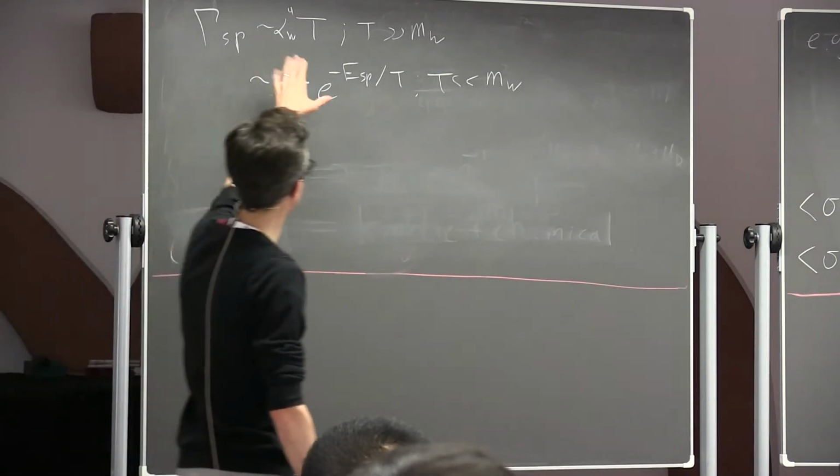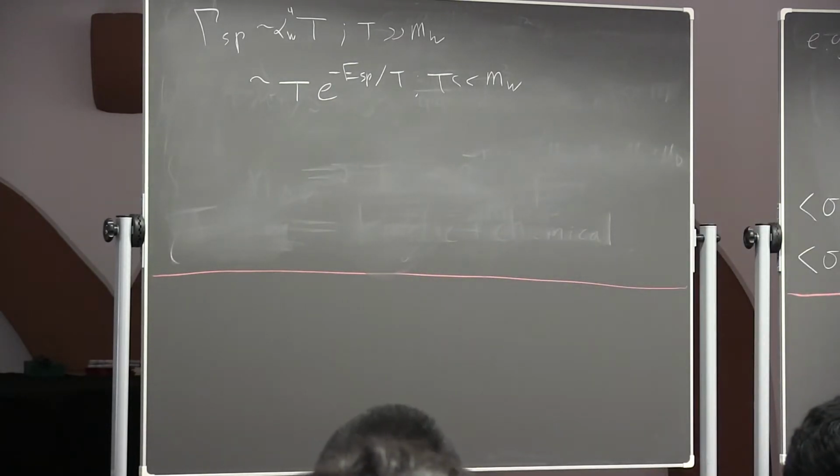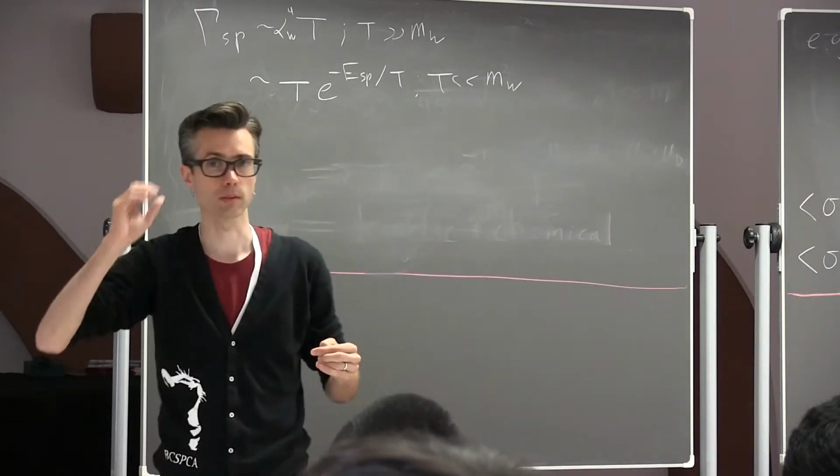They go roughly like alpha weak to the fourth times the temperature at very high temperatures, well above the weak scale. And they go like this exponentially suppressed thing at temperatures below the weak scale.